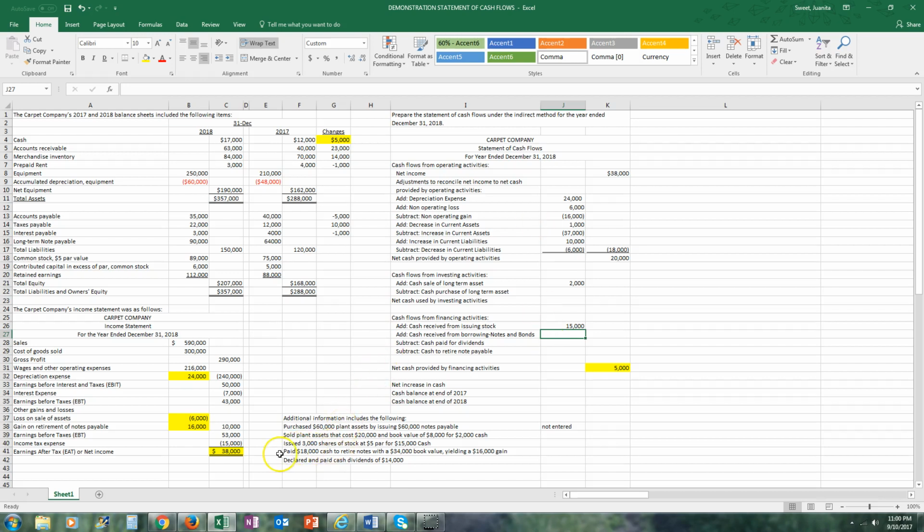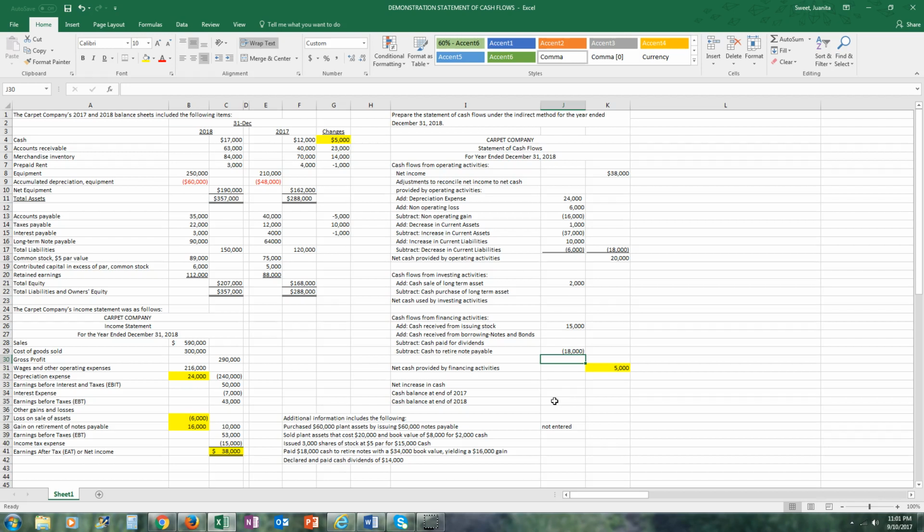Then we see that we paid $18,000 to retire a note. It had a book value of $34,000, and that's where we got the gain. The key information that we have here is that we paid cash. So the cash that we paid to retire the bond is subtracted. Not going to worry about the gain because we took care of that with the operating activity.